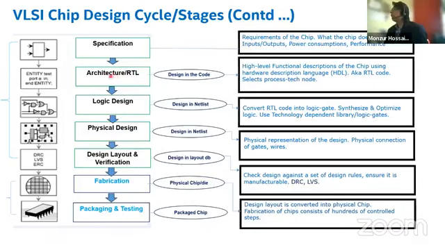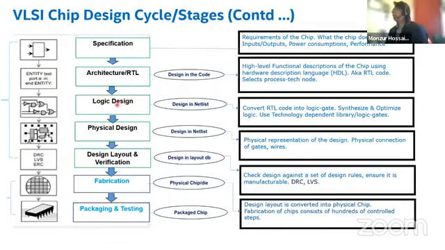In this second part, your chip will be in code format, a high level functional description of the chip using a hardware description language, or HDL. There are two commonly used HDLs for chip design: one is called Verilog, and the other is called VHDL. So the microarchitect and RTL engineer will write out the hardware description of the chip in this second phase.